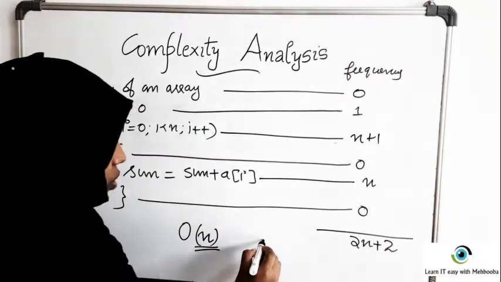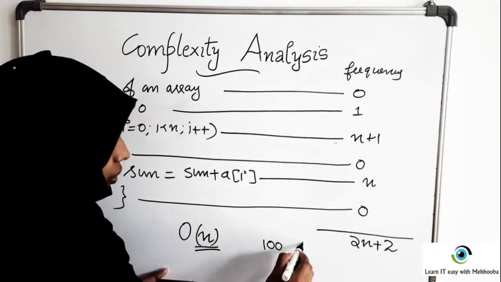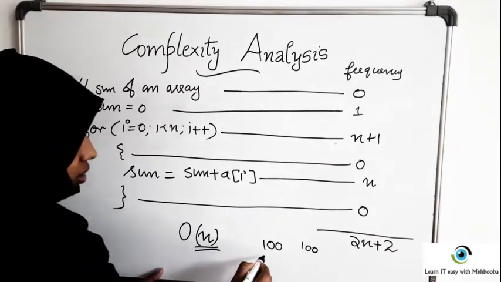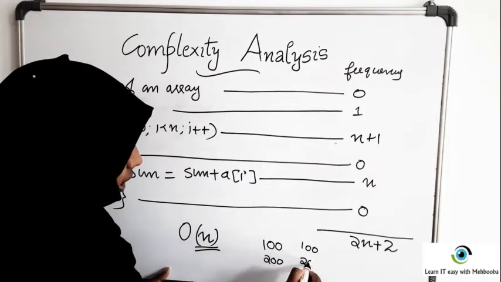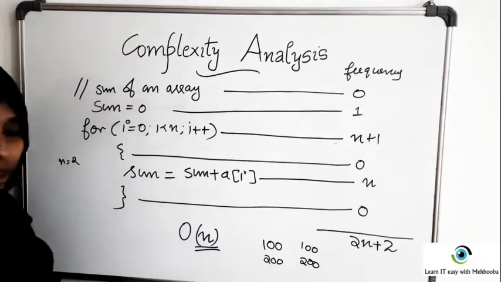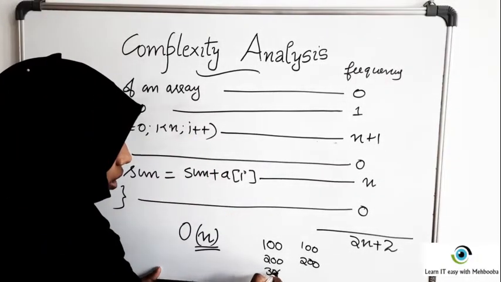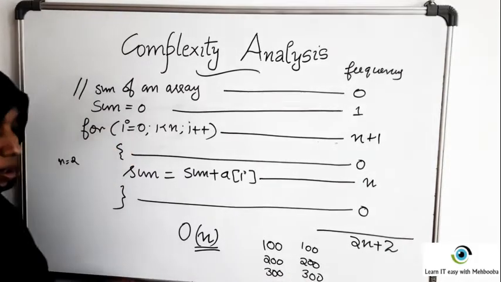That is, if the size of the array is 100, the algorithm will take 100 units for execution. If the size of the array is 200, the algorithm will take nearly 200 units of time for its execution. If the size of the array is 300, the algorithm will take 300 units of time to complete execution.